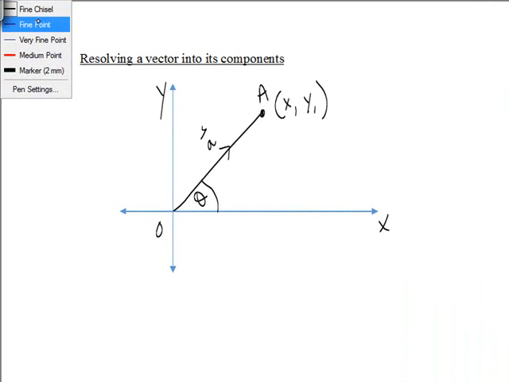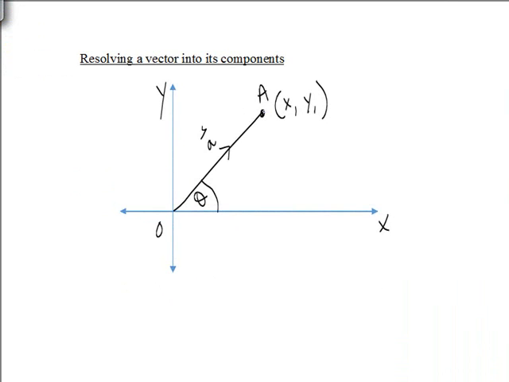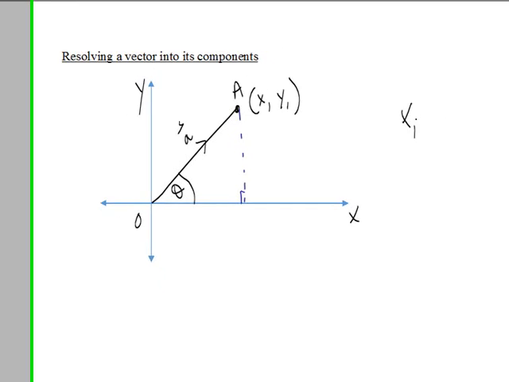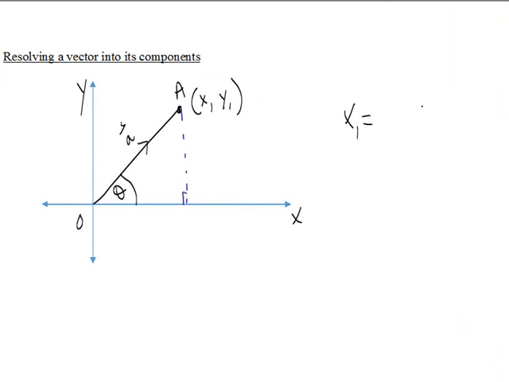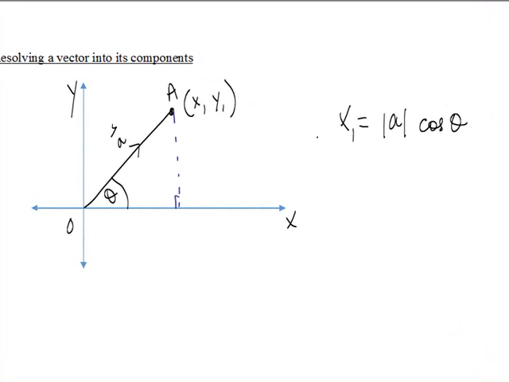Now, if you remember your trigonometry, what is x1? Again, let me just draw a little right angle here for you. Good. So remind me, x1 is what, cosine theta? Right, the length of the line. So it would be the length of A, cosine theta. And similarly, what is y1?